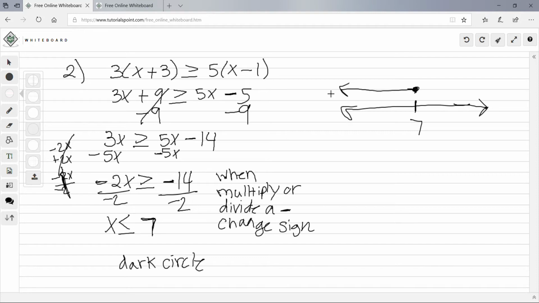Good. So now we have to put it in interval notation. It's going from negative infinity and then it stops at 7, and 7 is included. So it's going to look something like this: negative infinity, comma, 7. And since it's included because it's a dark circle, you put a bracket. Good.